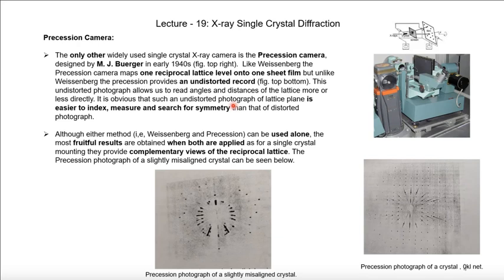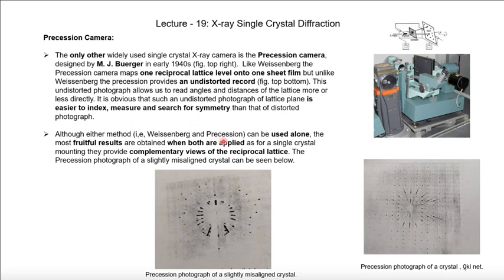The reciprocal lattice is recorded onto one sheet of film, but unlike the Weissenberg camera, the precision camera gives an undistorted record, whereas the Weissenberg camera is distorted. That makes data collection by precision photographs a little bit easier to index, measure, and search for symmetry.